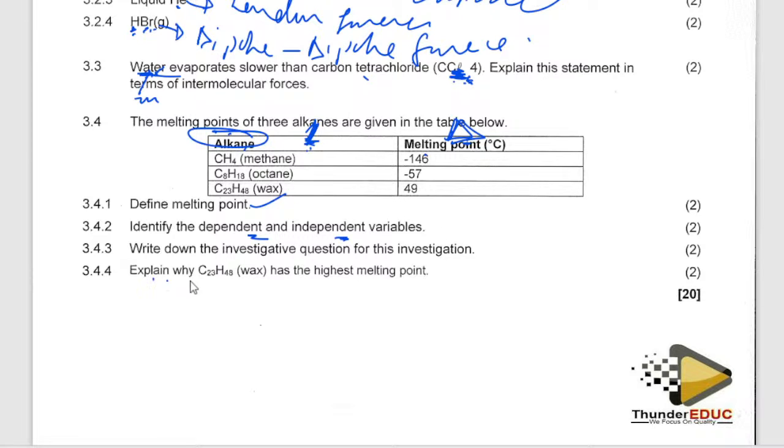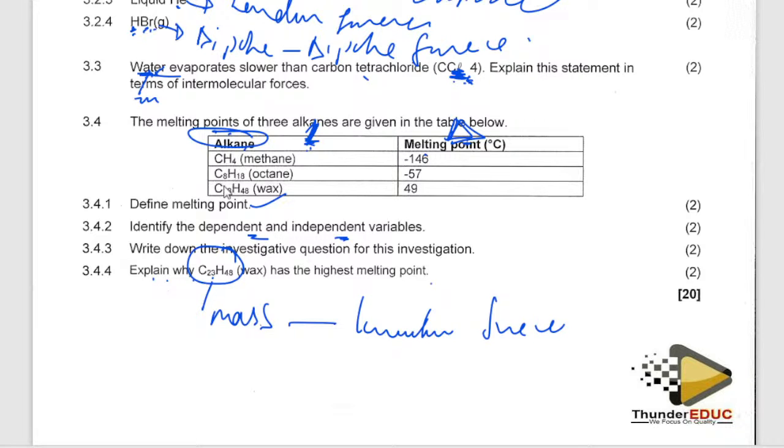And then we'll explain why wax has the highest melting point. Here there are two reasons you can use, or you can use one. It is because of the highest mass. The higher the mass, the higher the London forces, meaning it will require a high amount of heat to break those London forces.